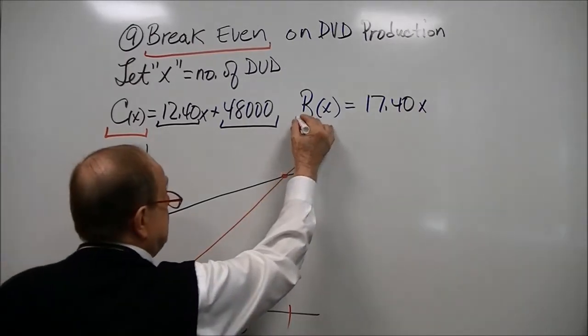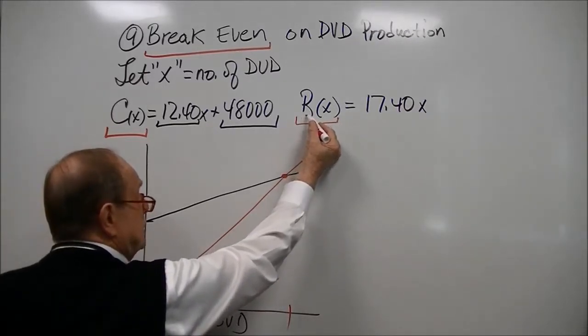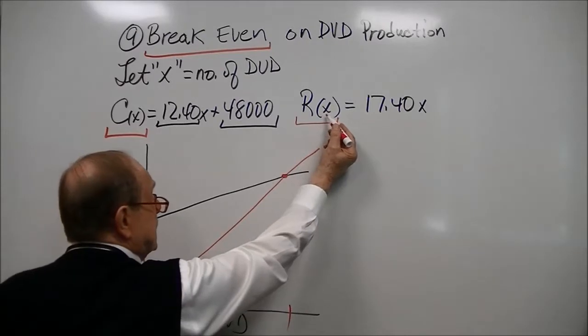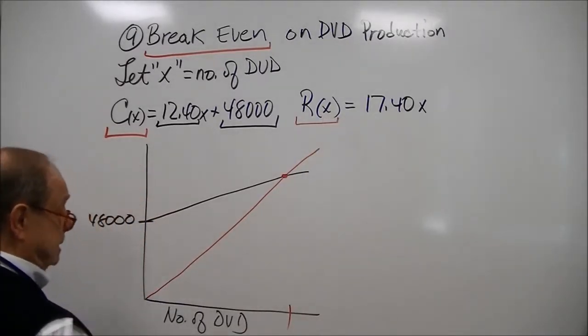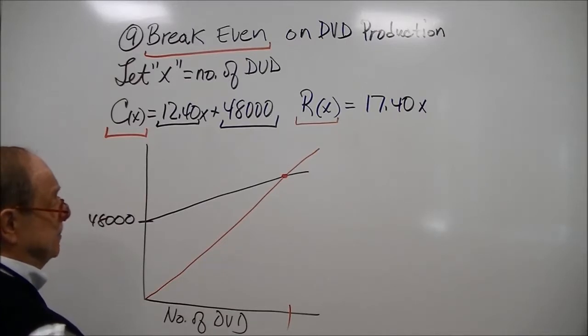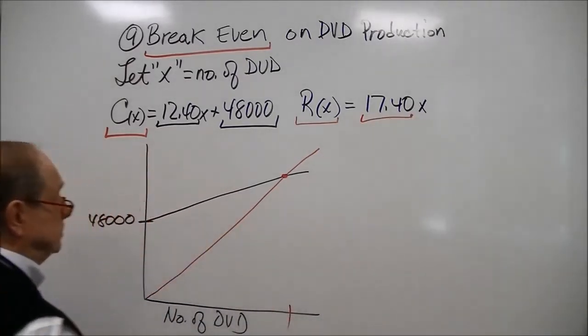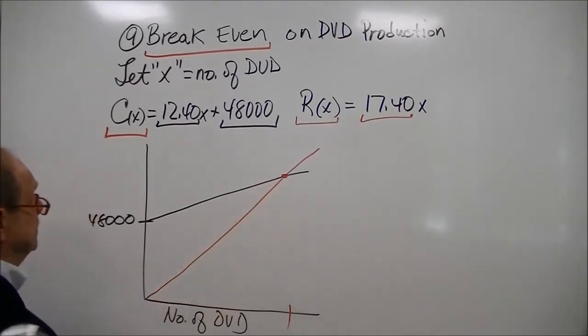And this is the revenue function, in which the revenue, the money that I bring in from selling this many cassettes, or in this case, DVDs, at this price. So I'm looking for when these are going to be equal. That is, they're going to intersect.